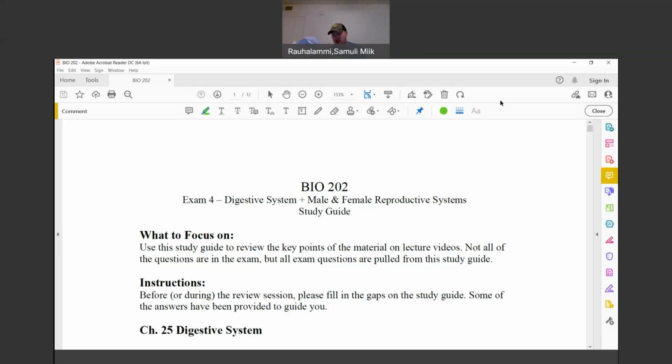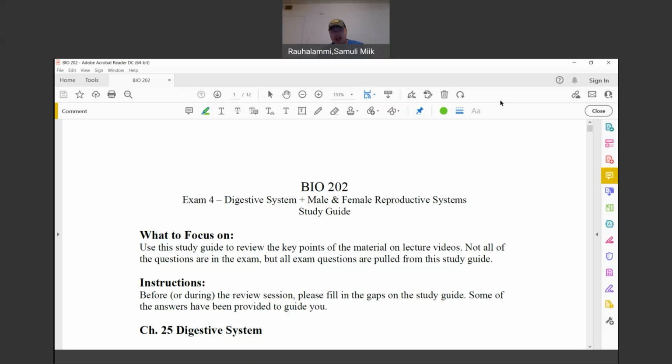The digestive system has some 7 pages, with 2 pages for male and 2 pages for female, approximately 2 pages of reproductive systems. That gives you an idea of the emphasis being heavily on the digestive system in terms of the questions you can expect on the exam as well.